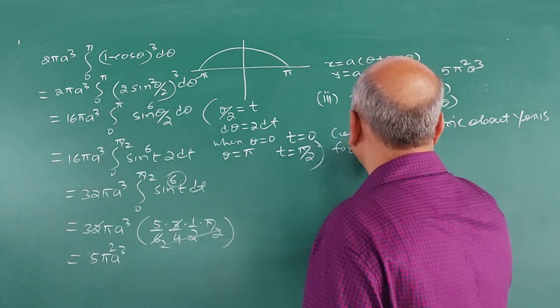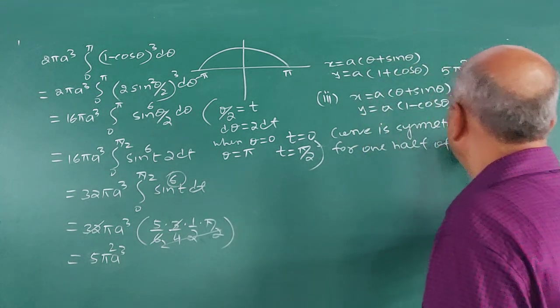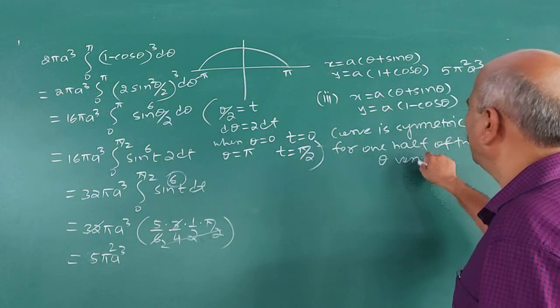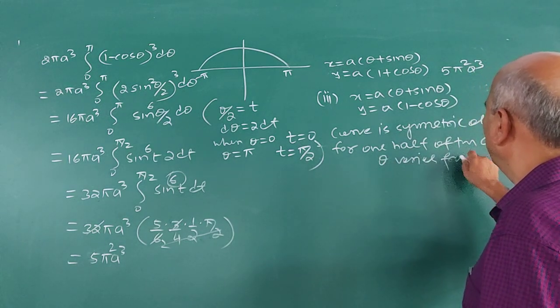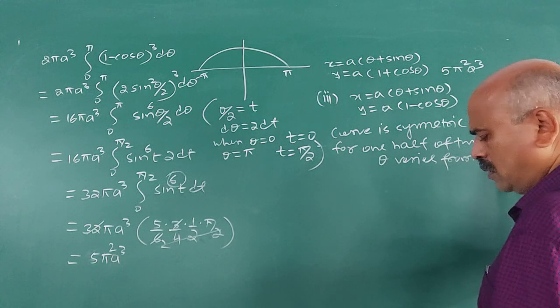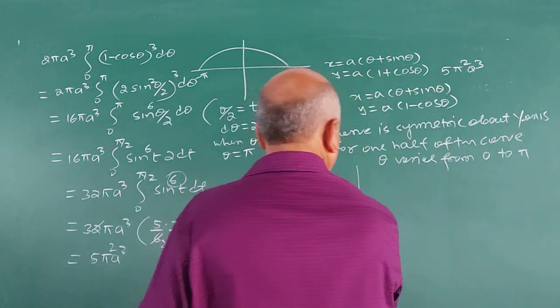For one half of the curve in the first quadrant, theta varies from 0 to pi. So I draw this.